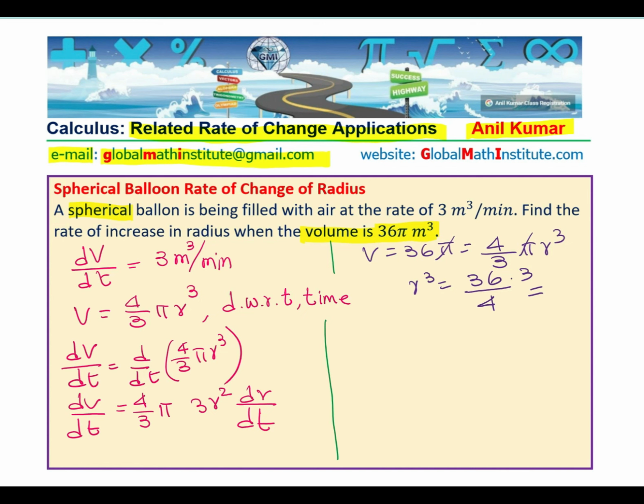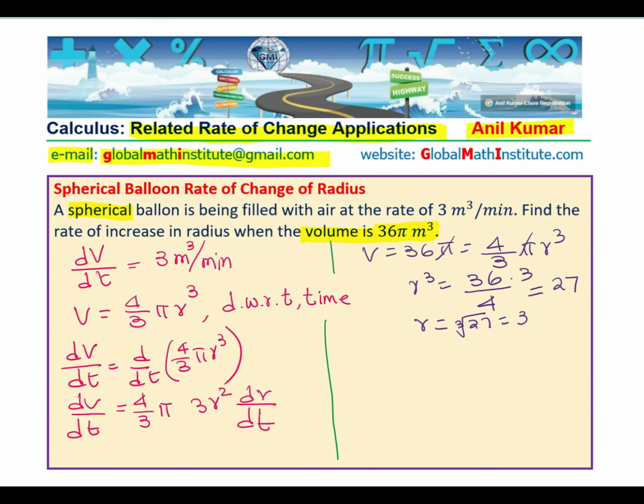Now, which is 9 times 3, 27. Or radius is cube root of 27, right? Which is 3.